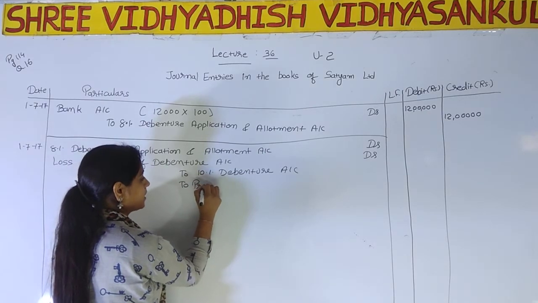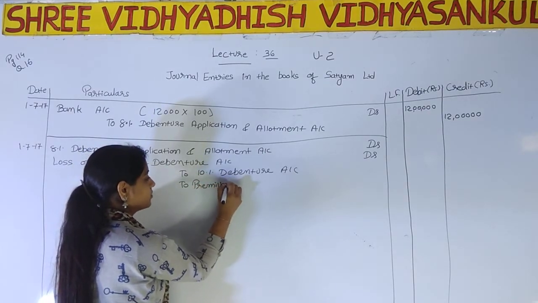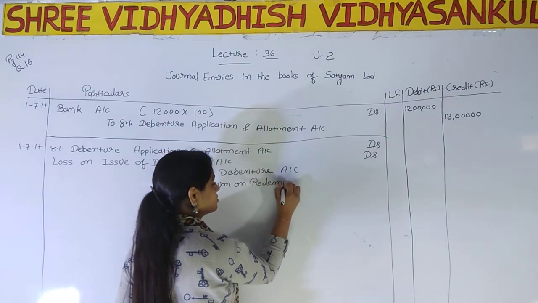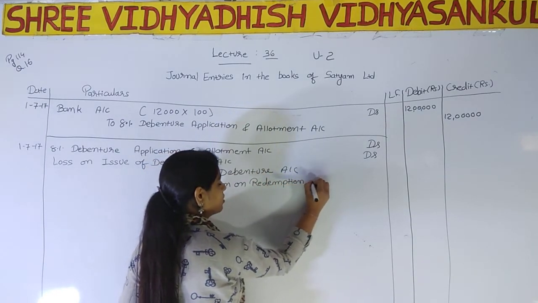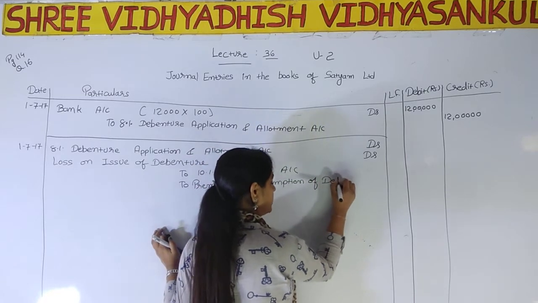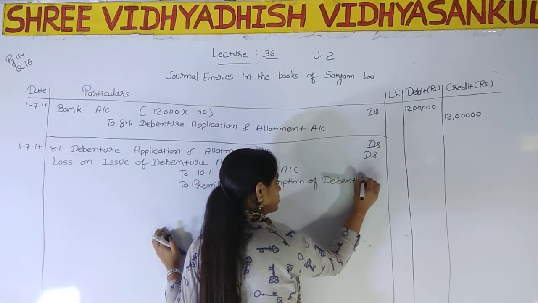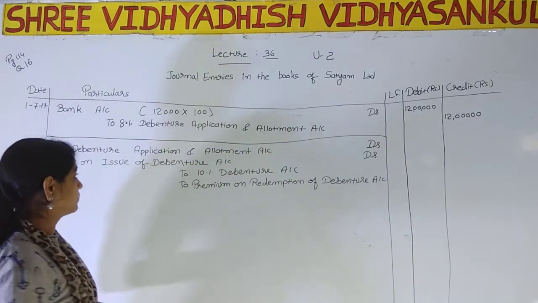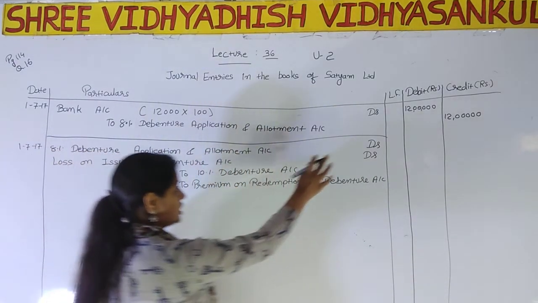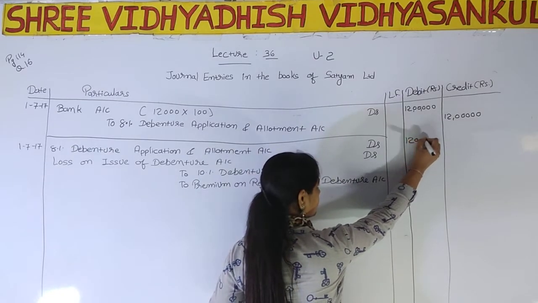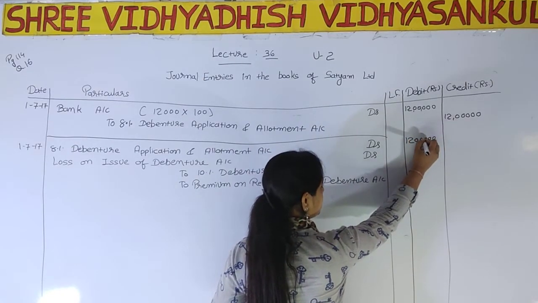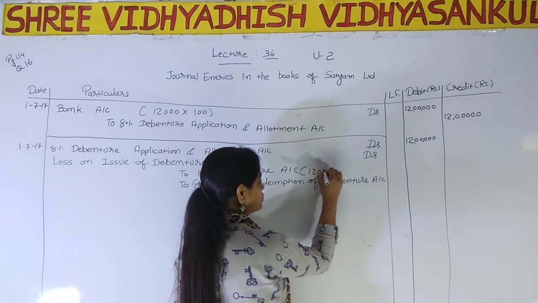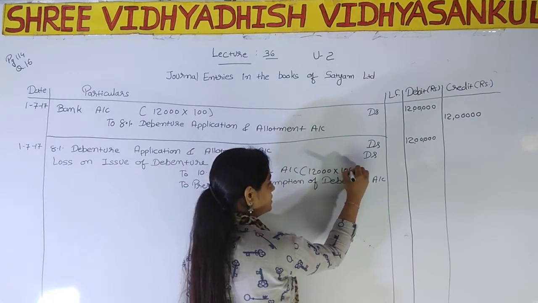to premium on redemption of debenture account, right? So see, in application the amount will come 12 lakh, and that amount we have to transfer in capital, that means debenture account, 12,000 into 100 rupees.